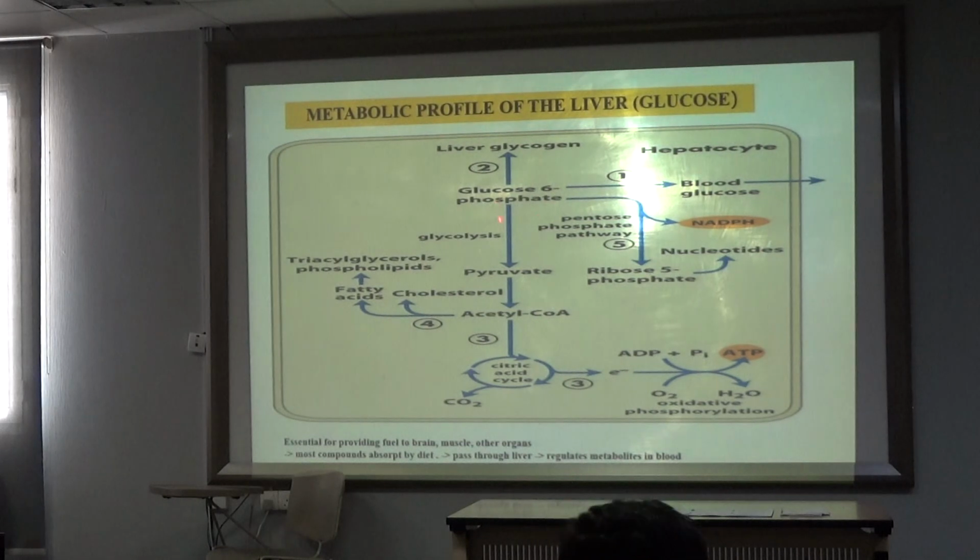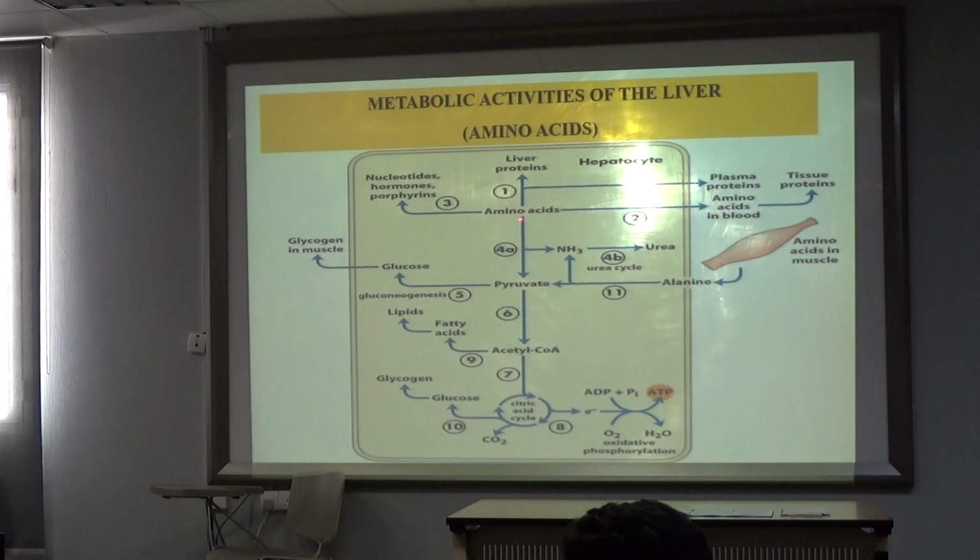So here this is glucose, liver glycogen, blood glucose, pentose phosphate pathway or nucleoside synthesis, pyruvate, acetyl-CoA, and acetyl-CoA to cholesterol and fatty acids. Amino acids, liver proteins, then proteins of the tissues and muscles are broken down, ammonia is released, pyruvate is converted to acetyl-CoA and enters the citric acid cycle, and this ammonia will enter the liver and then give you urea.